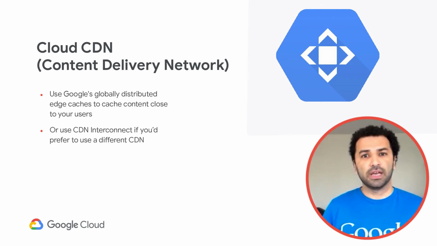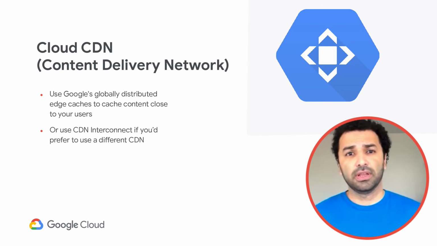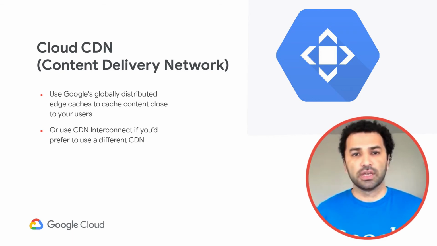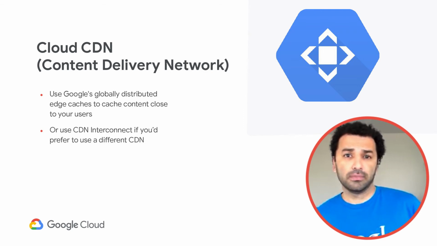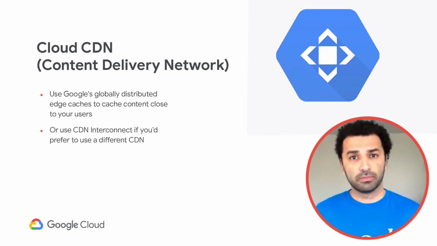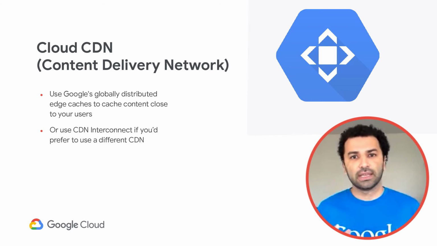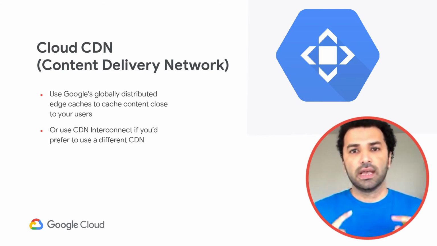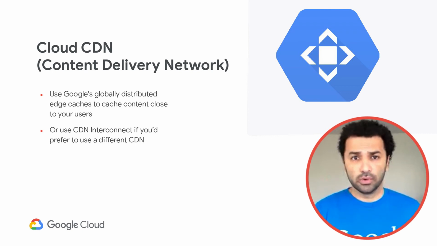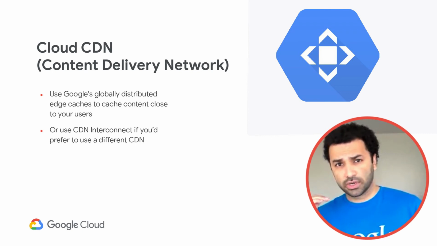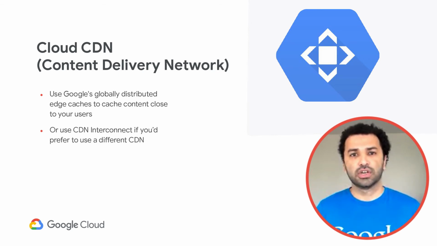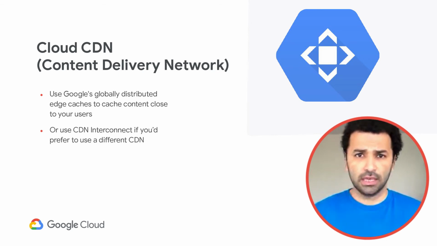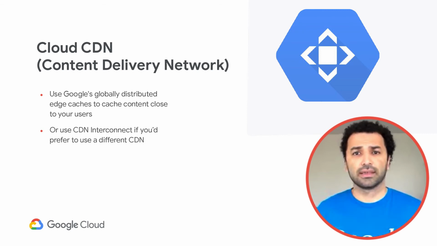Once you have set up HTTPS load balancers, for example, then with one checkbox, you can also enable CDN. So CDN is handy to use with a load balancer, but it's not the same concept. The concept here is caching some part of your application across the globe in some Google nodes, and instead of your user hitting your actual server, they will get the cached version of your JavaScript files, images, and static contents.